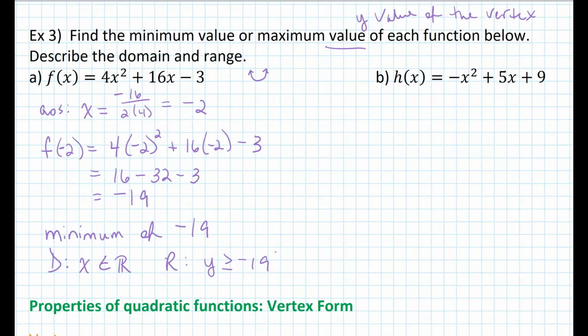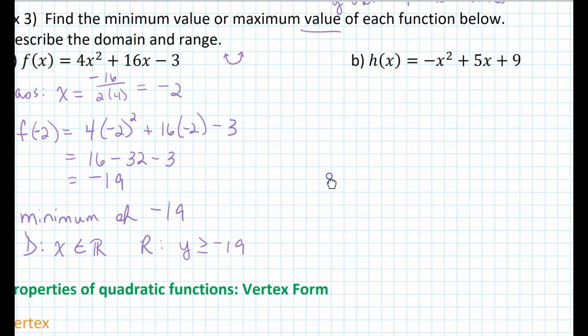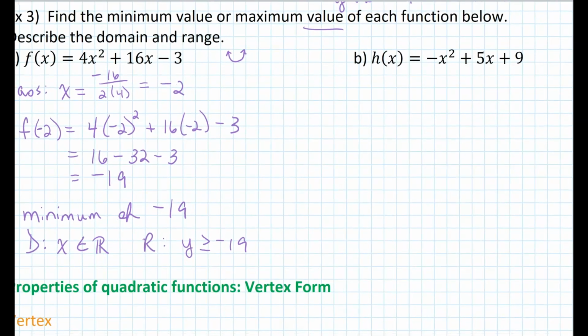Okay. Let's look at the next one. I've got negative x squared plus 5x plus 9. So again, what do we know about the direction of this parabola? It opens downward, which means we are going to have a max.